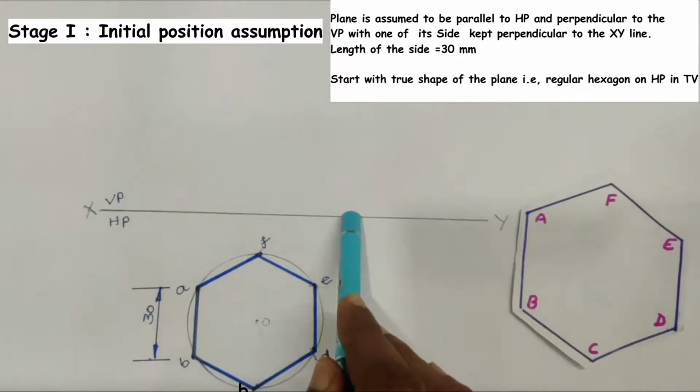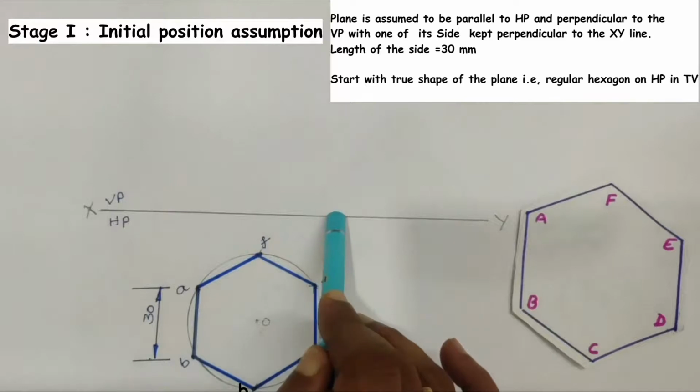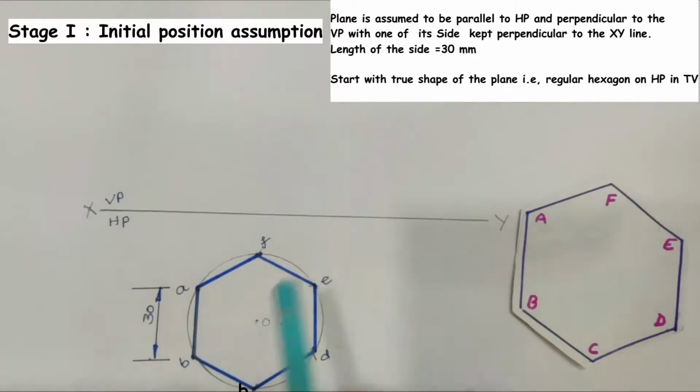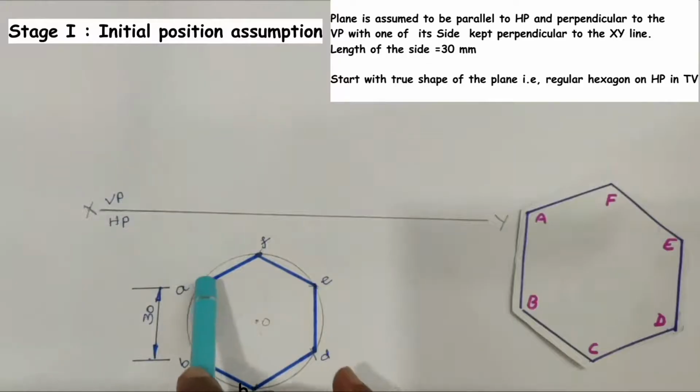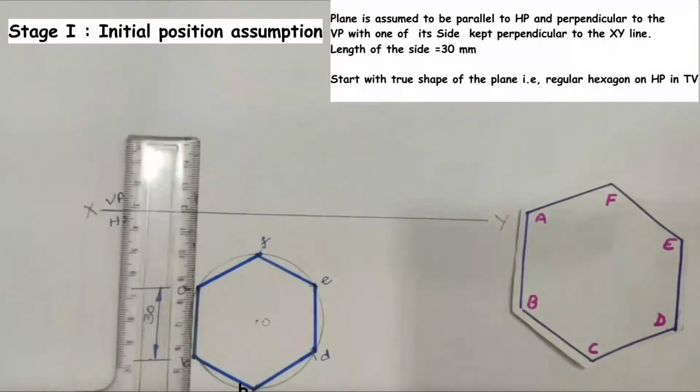In addition to that, this plane is resting on its surface on HP. That's why its image falls on the XY line. For drawing the front view, draw projectors through the top view points of the hexagonal plane, say A, B, C, D, E and F towards the XY line.